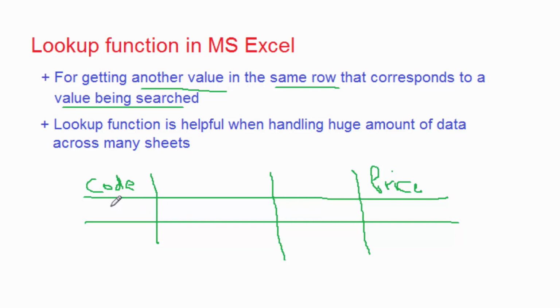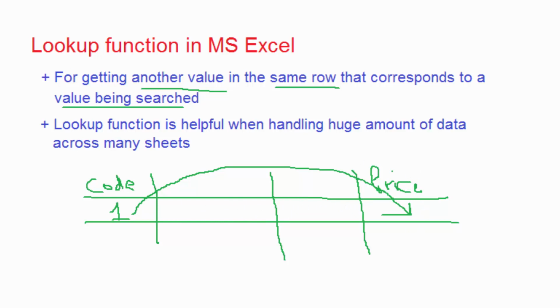By lookup we simply mean if I know the code, I will be able to get the price. So what I am searching is the code, then the lookup function will pick for me the corresponding price of this code in the same row but in another column.